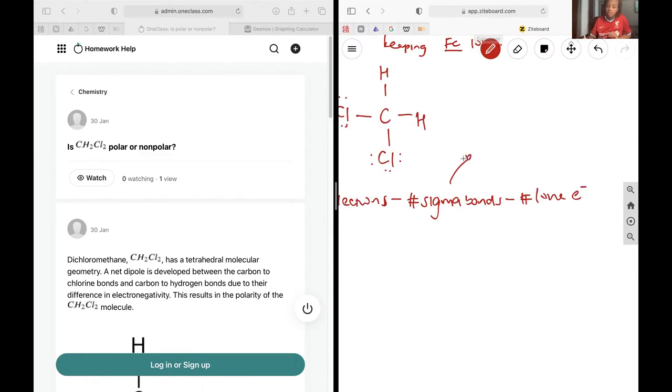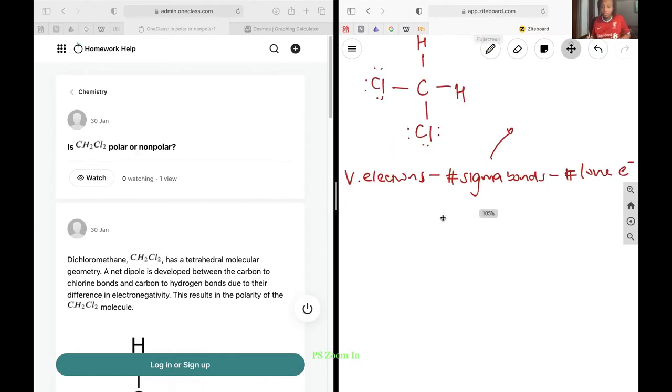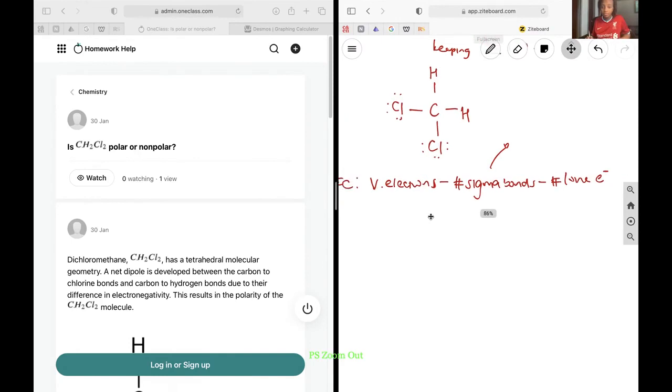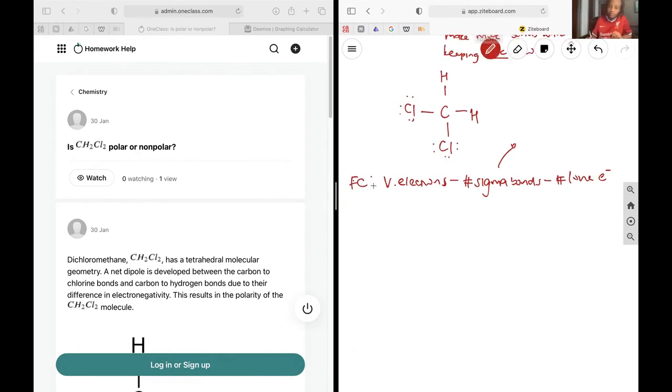So why I say sigma bonds is because when you really think about it, for example, if I'm trying to do the formal charge of carbon, just as a quick example, for carbon, I have 4 valence electrons. Now, when I say sigma bonds, I'm talking about the electrons that it's contributing to each of these bonds. So here, carbon has made 4 bonds, so it's contributing 1 electron to each, so 1 by 4, which is 4, and then it has no lone electrons, and so its formal charge would be 0.